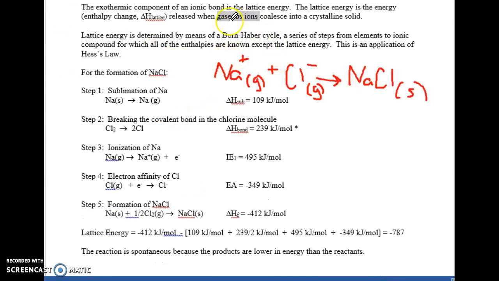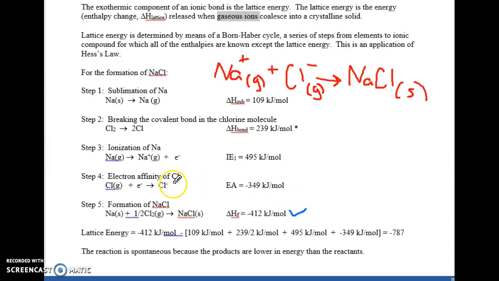So I wrote this equation for lattice out. So I have sodium ions as a gas, chlorine ions as a gas, yielding sodium chloride as a solid. So if you're looking at all of these things that we have here, we need to look at which ones we're going to have to flip. So formation of NaCl, this one is in the correct order.